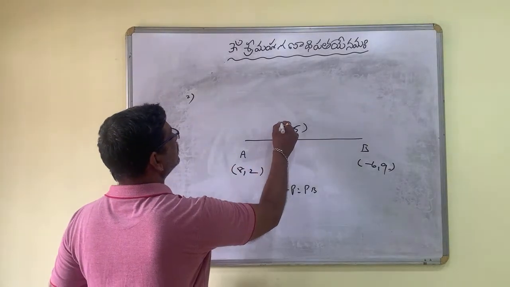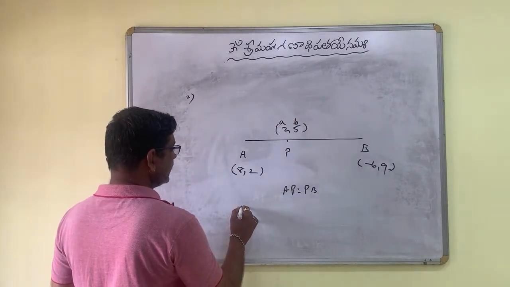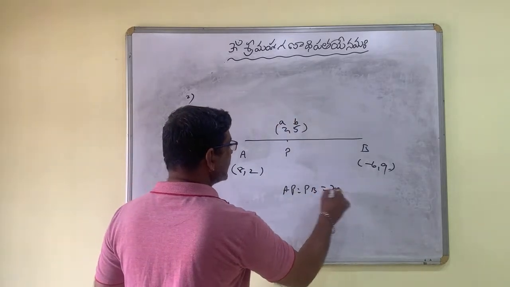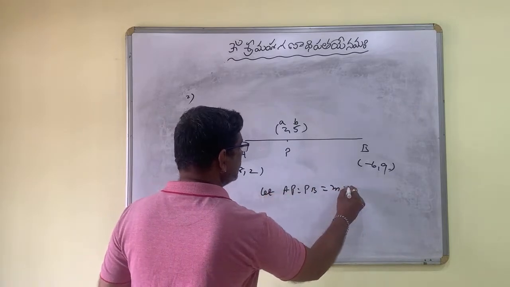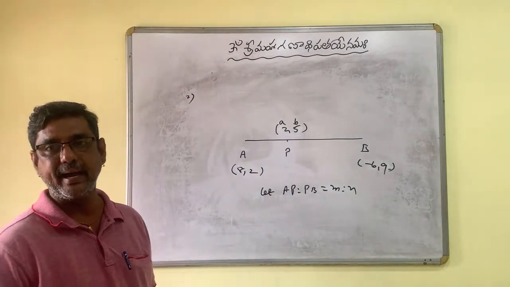Say, this is A, this is B. Let us assume the ratio m is to n.